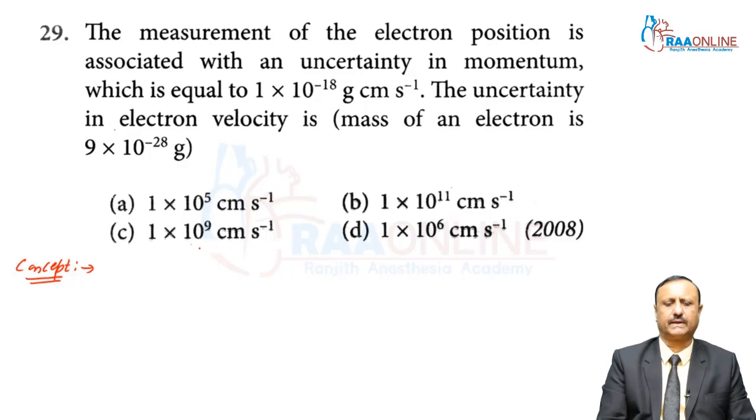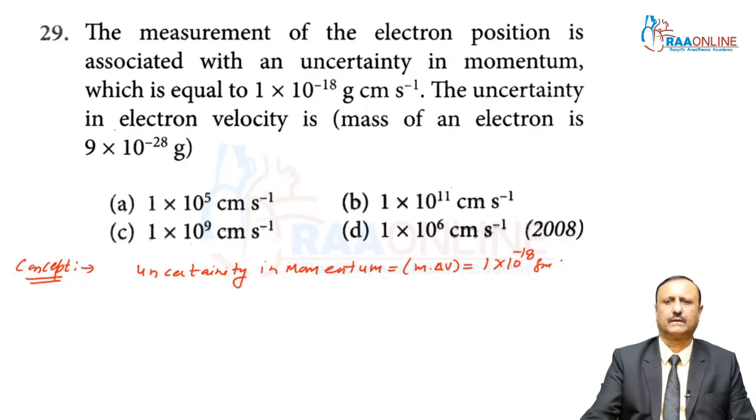Now we can see here my dear students, uncertainty in momentum means m into delta v, that equal to, which is given in the numerical, 1 into 10 to the power minus 8 grams centimeter per second.